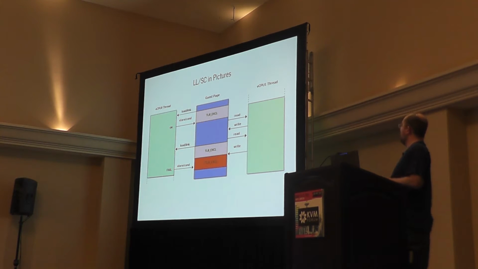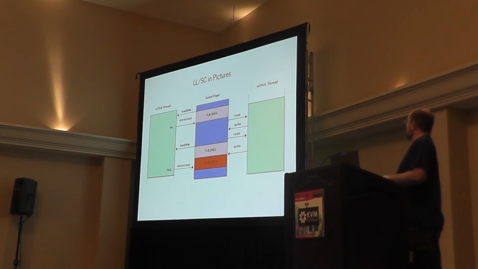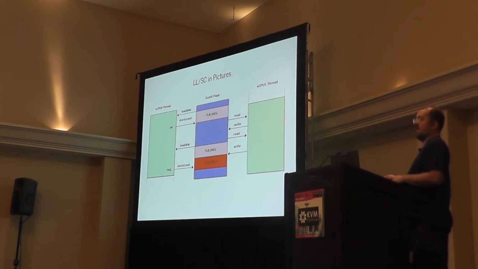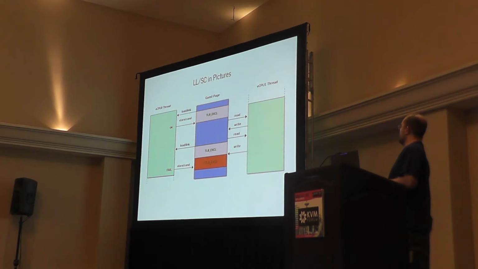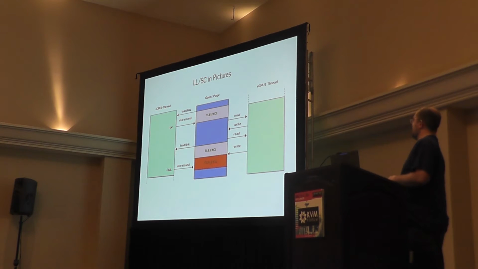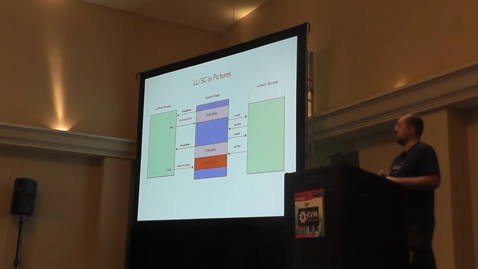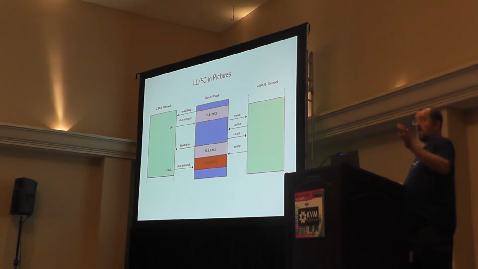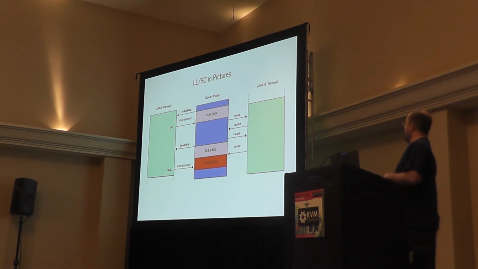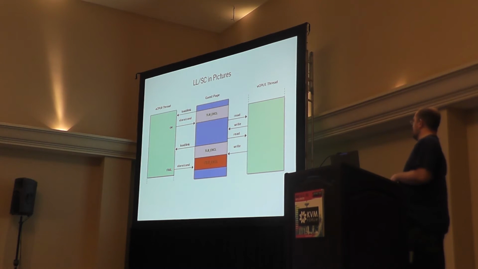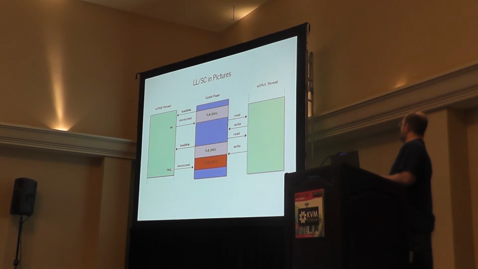When a load-link operation occurs, we set a TLB exclusive flag for the page that we're in. Then when the store conditional occurs, it sees that the flag is still set, and that succeeds. After the load-link, store pair happens, normal loads and stores can just happen as normal. It doesn't affect the performance.